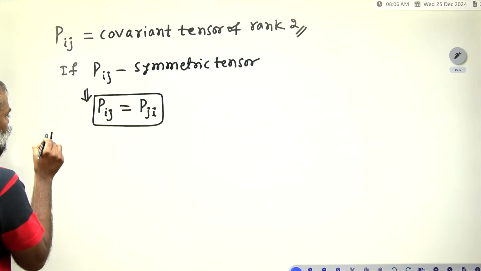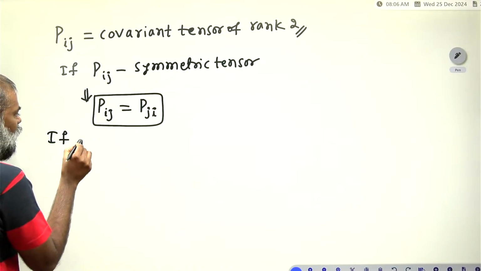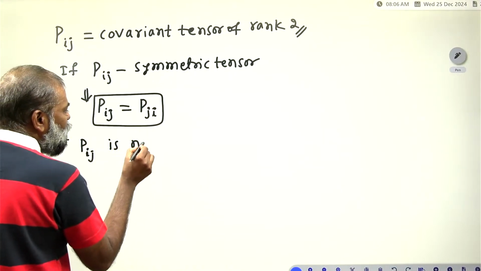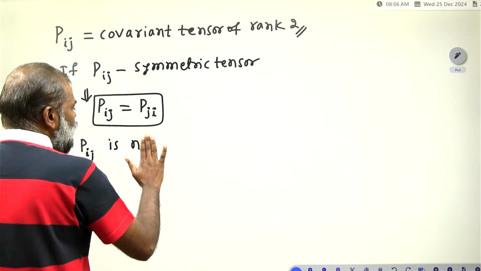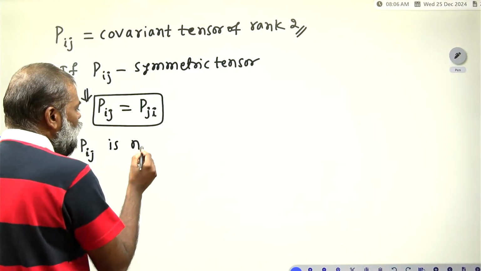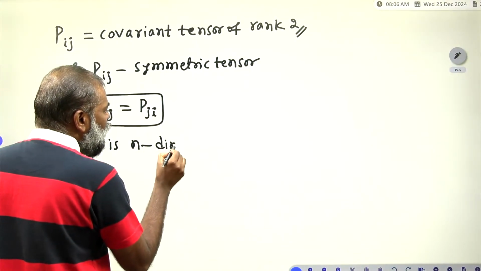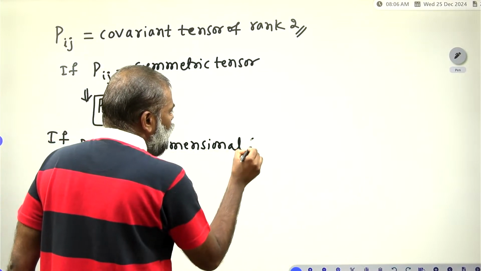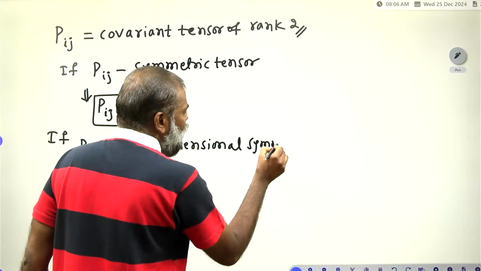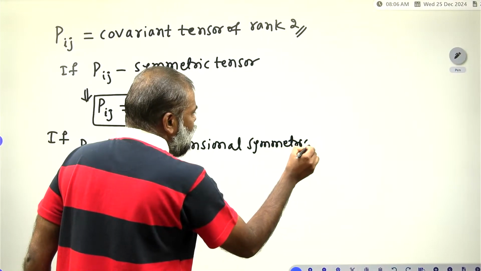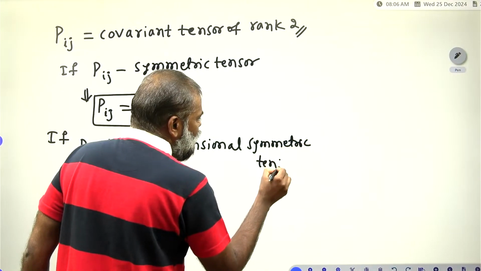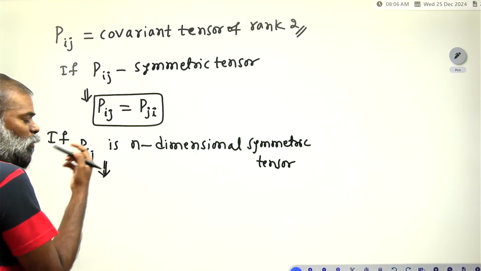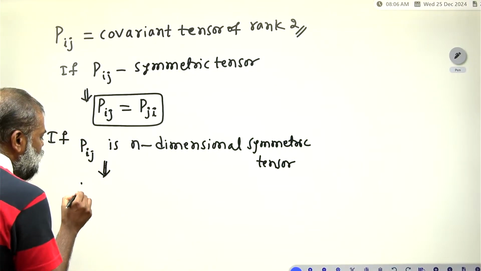If Pij is an n-dimensional symmetric tensor, then how many independent components are there?